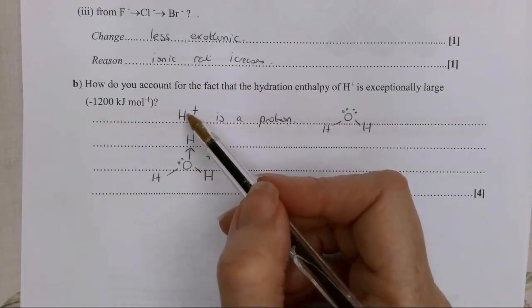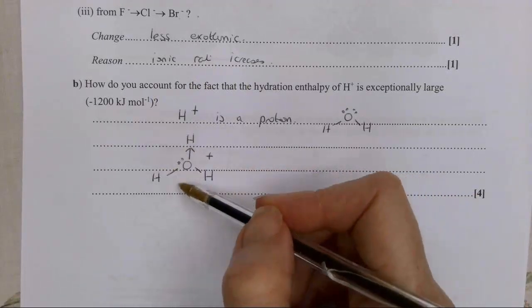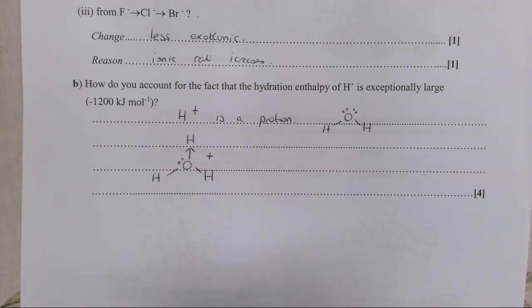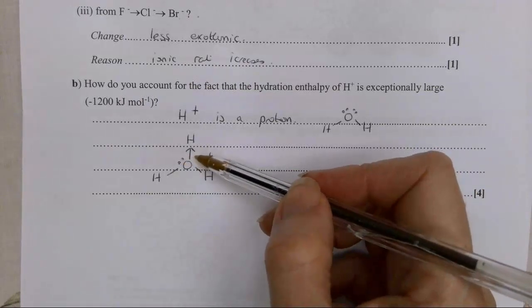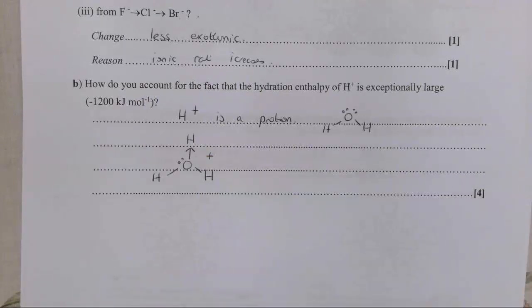Actually, we don't have any hydrogen ions because having protons floating around in solution is highly unlikely. What we have instead is that the hydrogen ions have reacted with the water to make this H3O positive ion. And that's why it's exceptionally large, because you're not doing a hydration enthalpy, you're doing a full-blown covalent bond here.